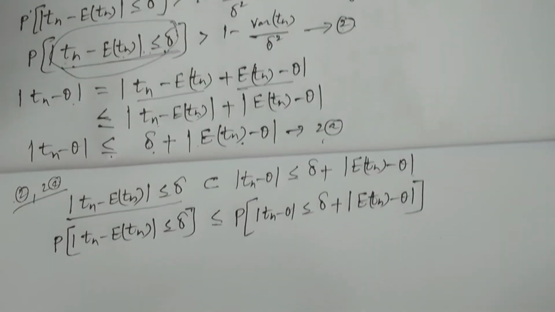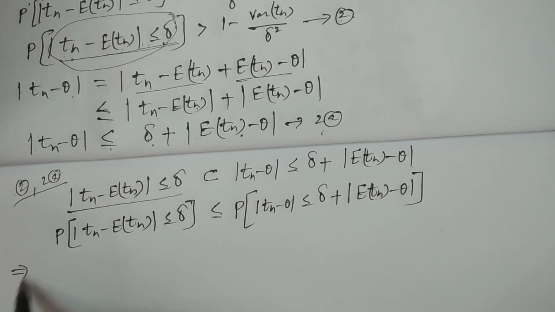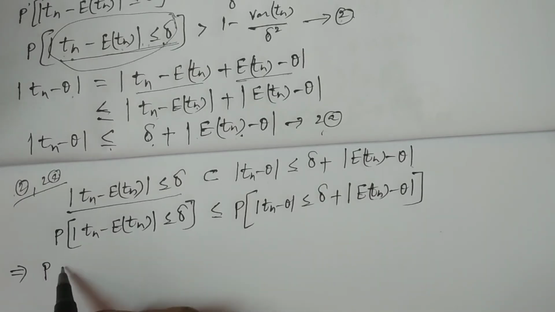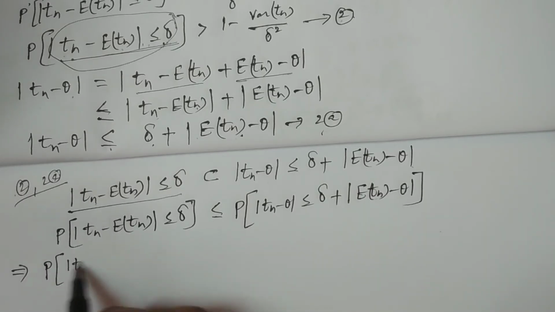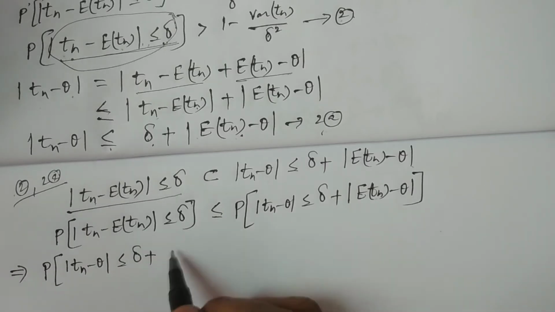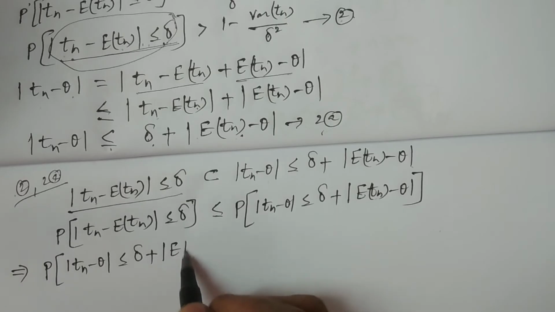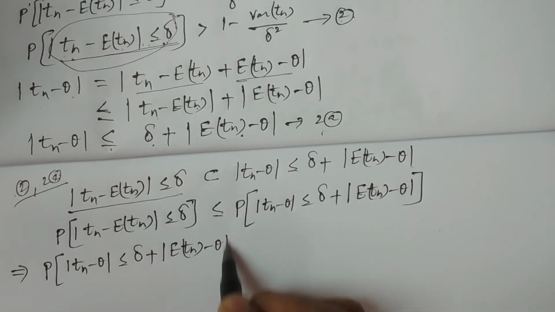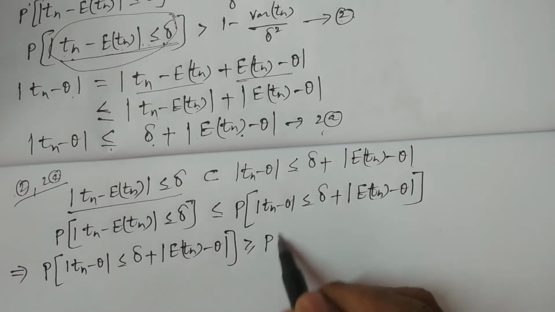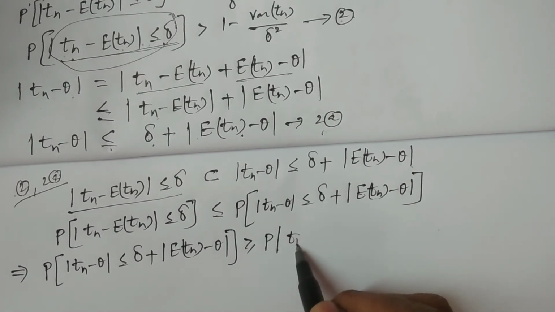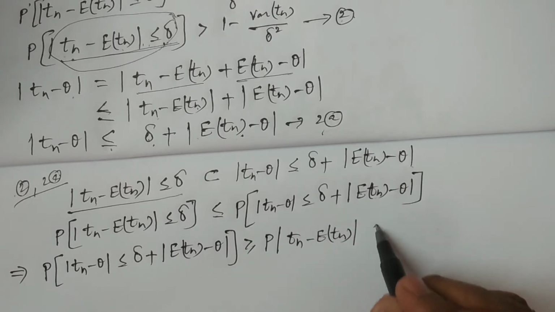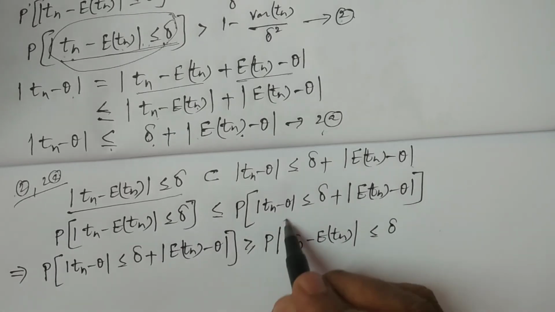If you reverse this inequality, that is A is less than or equal to B, then B is greater than or equal to A. That is, the probability of |Tn − theta| ≤ delta + |E(Tn) − theta| is always greater than or equal to the probability of |Tn − E(Tn)| ≤ delta.